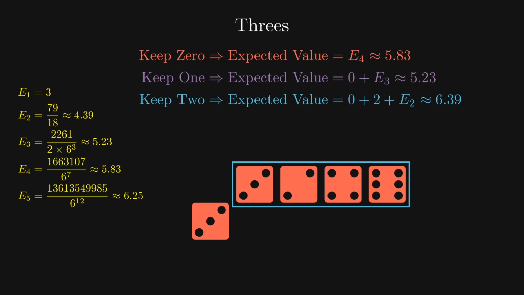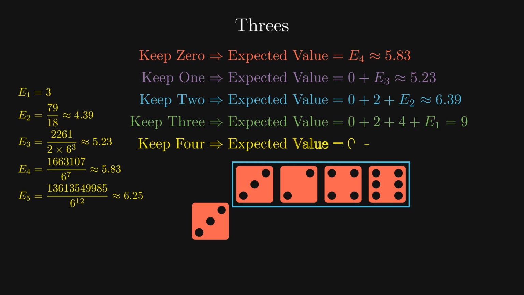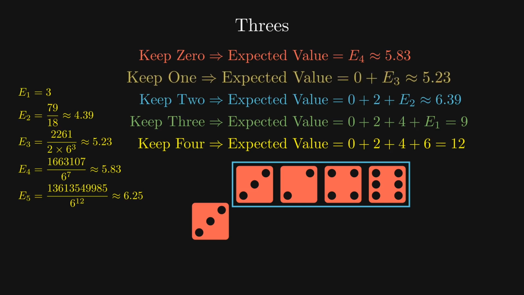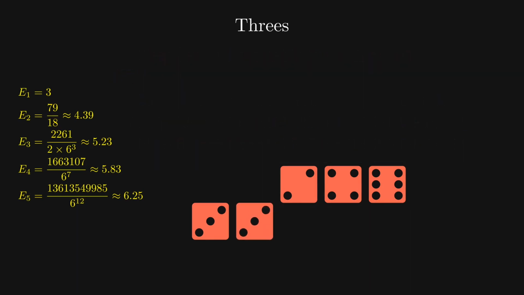If we keep 3, the expected value is 0 plus 2 plus 4 plus E1, which is 9. Finally, if we keep all, the expected value is 0 plus 2 plus 4 plus 6, which equals 12. After calculating each decision's expected values, we keep only the first die, as it gives the lowest expected value.